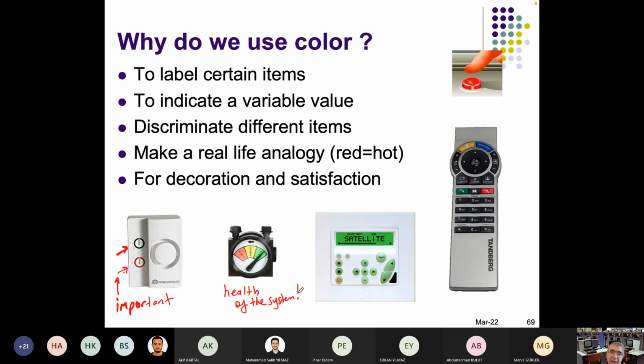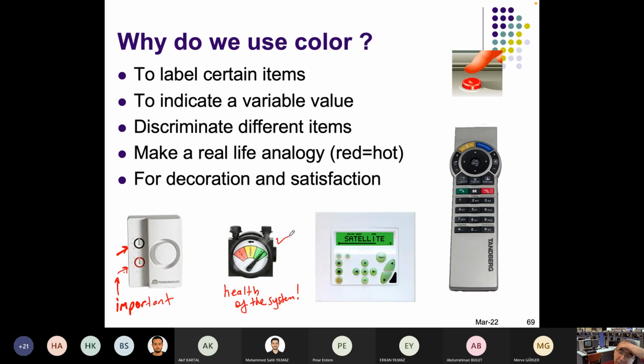Such as red is dangerous, bad, whereas green is associated with good behavior and healthy behavior.